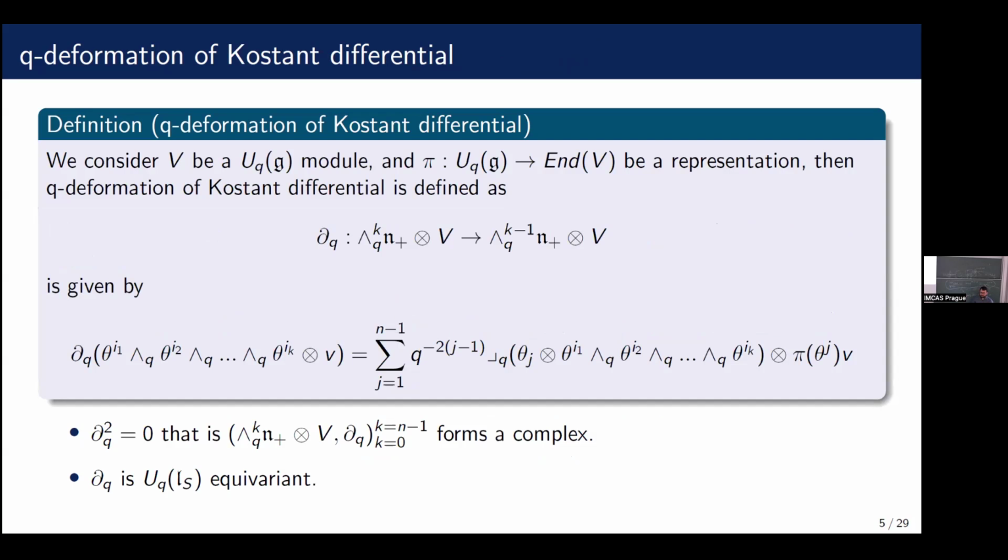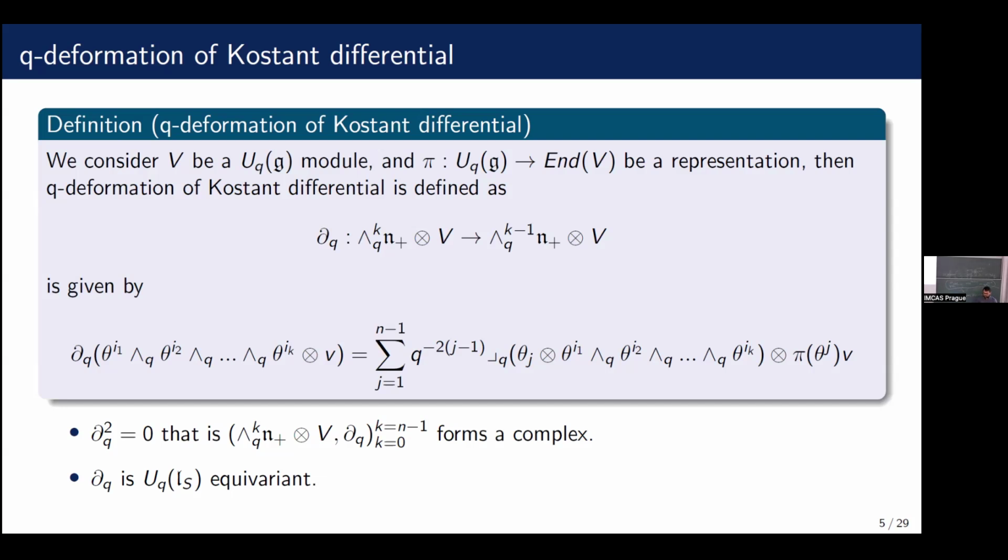So why do we need this contraction map? Because of the Kostant differential. We consider V to be a U_q(g) module and pi is its representation. Then the Q deformation of the Kostant differential is defined from the kth power of n plus twisted by V to the k minus 1th power twisted by V. So we are just using the contraction to lower the power.